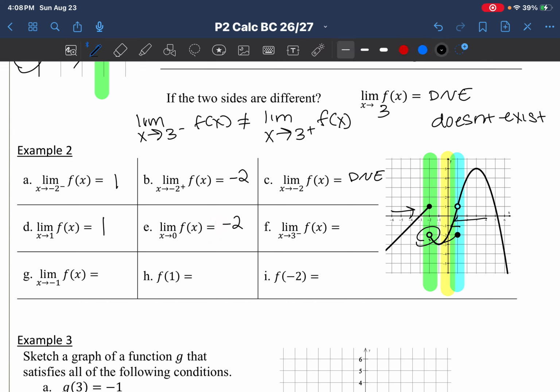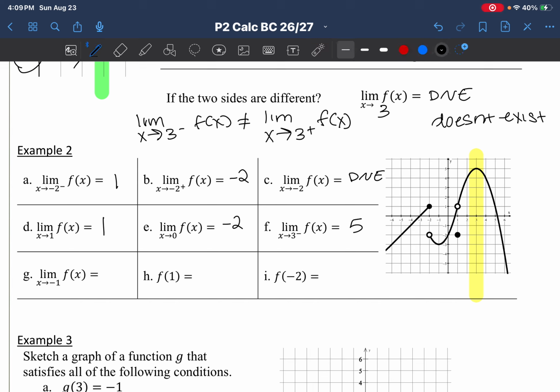Now this one says 3 from the left. So let me erase, so we have a clean slate again. So 3. Here is 3 from the left. Again, notice this is continuous here, meaning from the left and the right, the value is going to be the same, and that value is going to be 5.